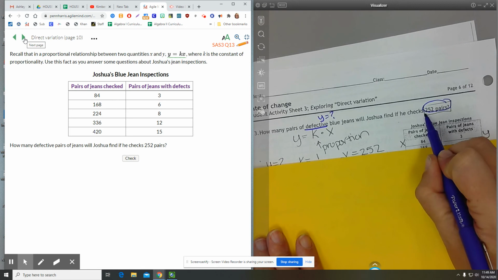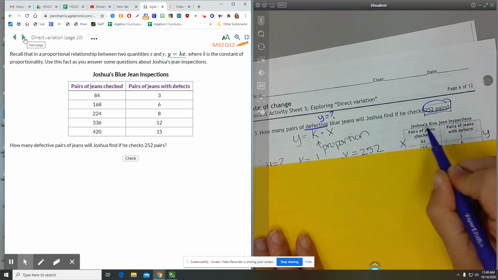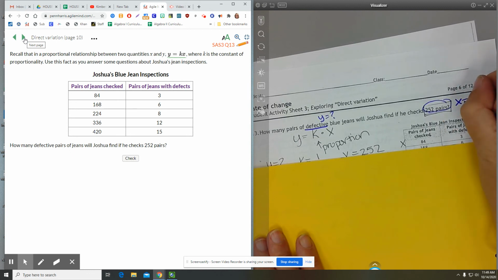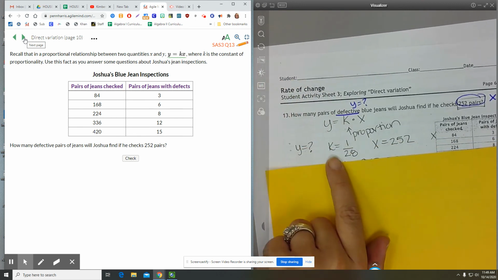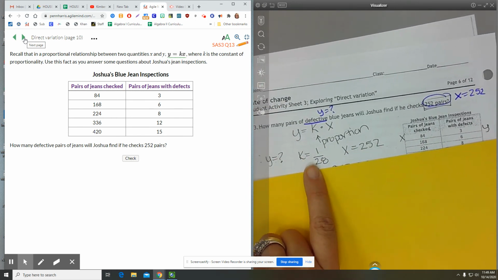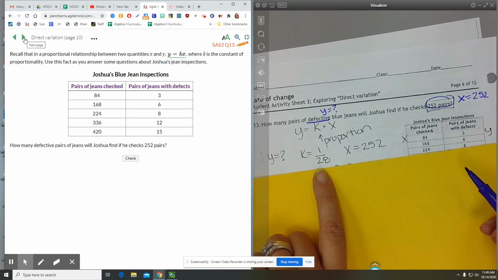Okay, if we are checking 252 pairs, pairs checked, that's our x value. X equals 252. Okay, we know what k is. Remember, k stands for our proportion, and we've already said over and over again on this problem that our constant is going to be 1 over 28.